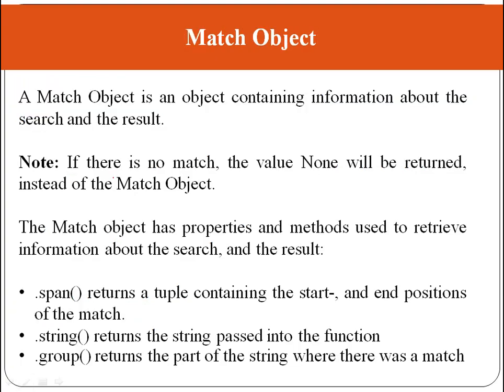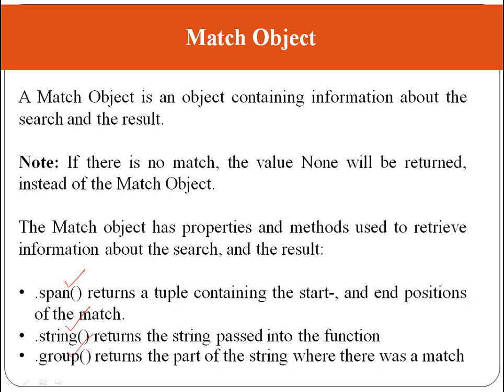What is a match object? A match object is an object containing information about the search and the result. If there is no match, the value None will be returned instead of the match object. The match object has properties and methods used to retrieve information about the search and the results. We have three methods: span, string, group.